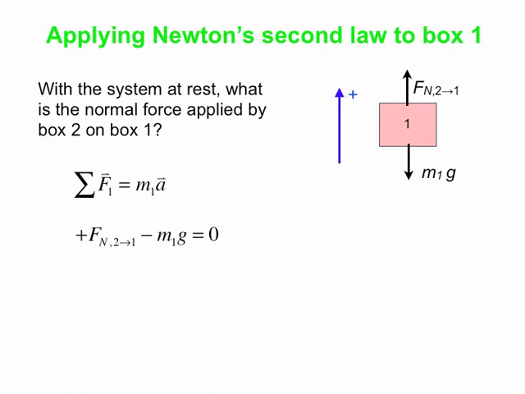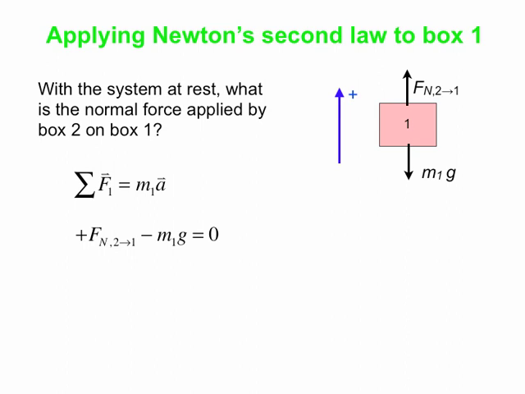Okay, so we're evaluating the left-hand side by looking at the free body diagram. We have two forces. The normal force applied by 2 on 1 is up, so that's in the positive direction. Then we have M1G. That goes in with a minus sign because it's in the downward direction. We chose up to be positive.